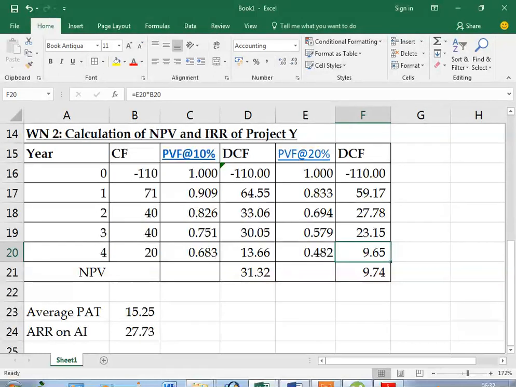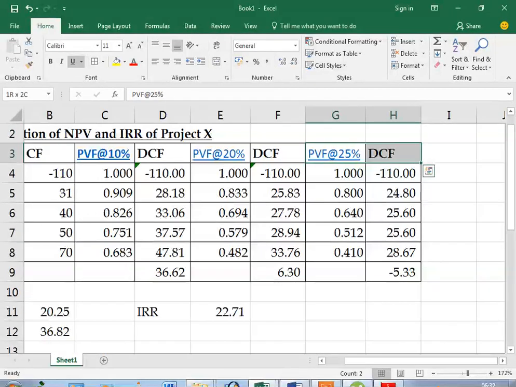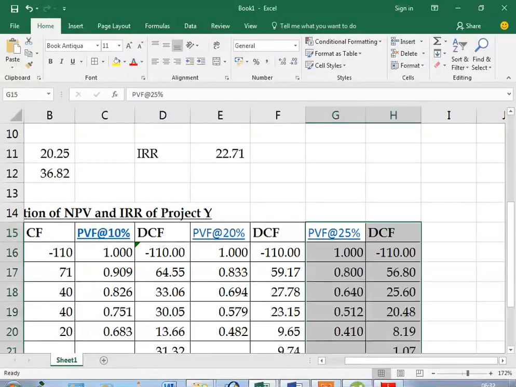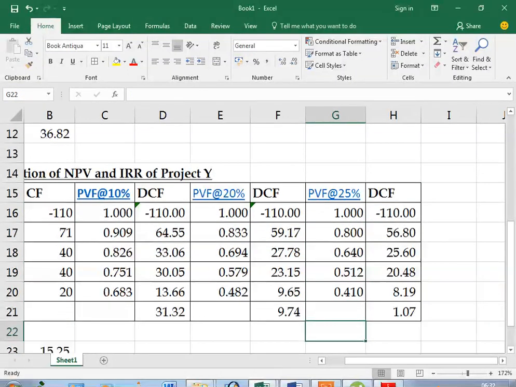Then try 25. Not sure whether 25 will also work. Try 25 and then I'll see what is to be done.